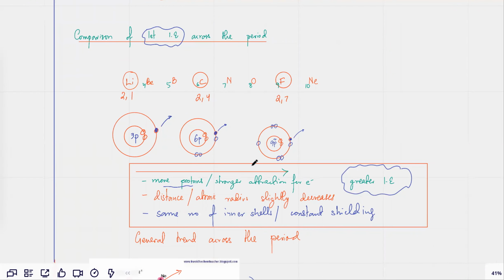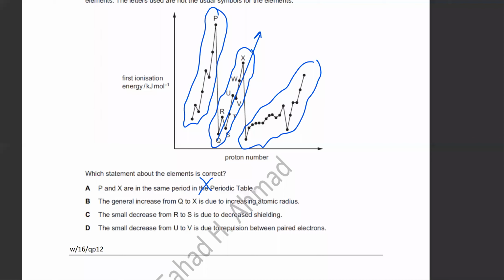Because you got more protons and there's stronger attraction, more difficult to remove electrons, and the distance also slightly decreases. So over here, the general increase is, the distance is actually decreasing. So that is also incorrect. Like if you move across the period, you got more protons and slightly lesser distances.